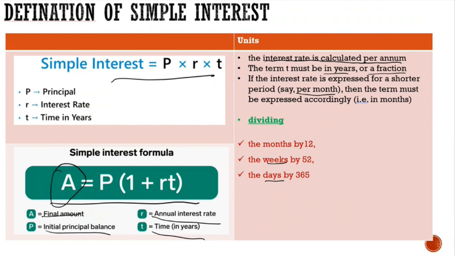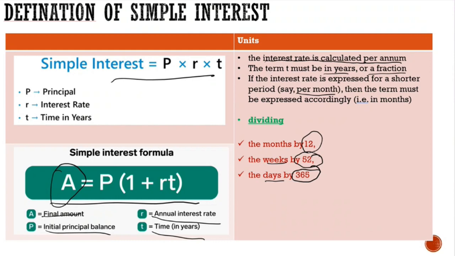If it's months, you are going to divide by 12 months in a year. If you've got weeks, you divide the time by 52. If it's days, you are going to divide by the number of days in a year. That's how you convert if you are given a time period that is less than a year.